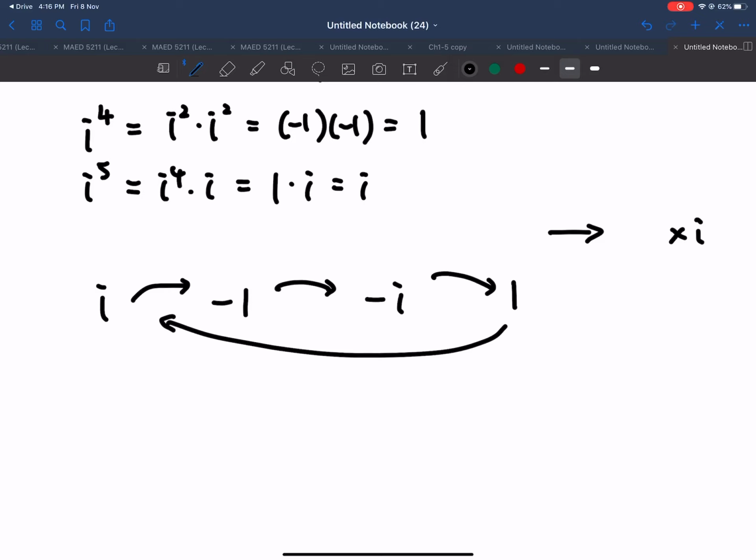So let's try i to the power 97. So you know that 96 is a multiple of 4.